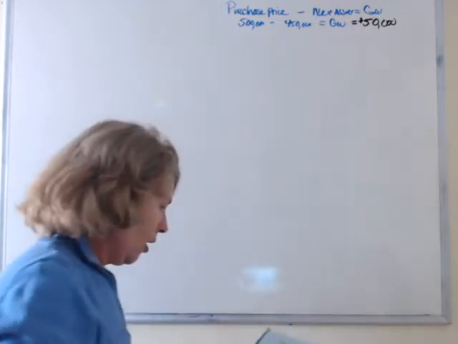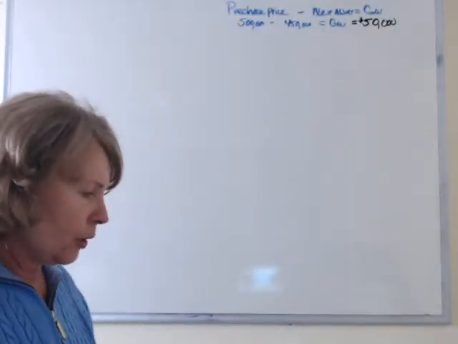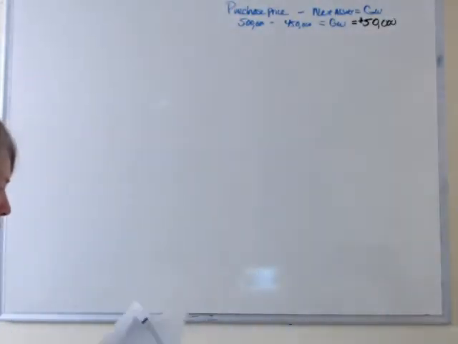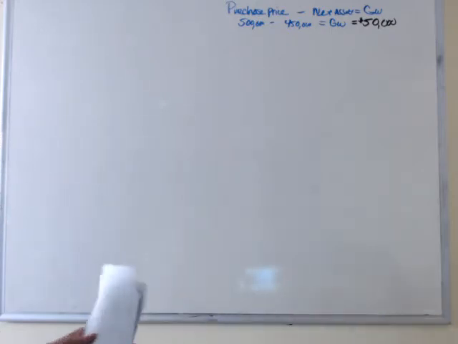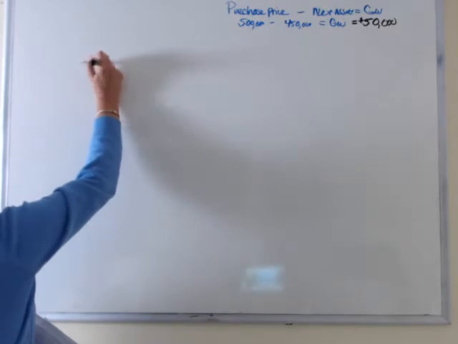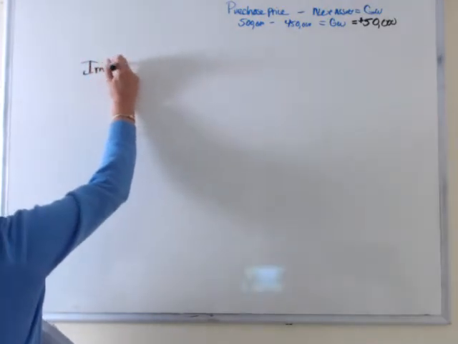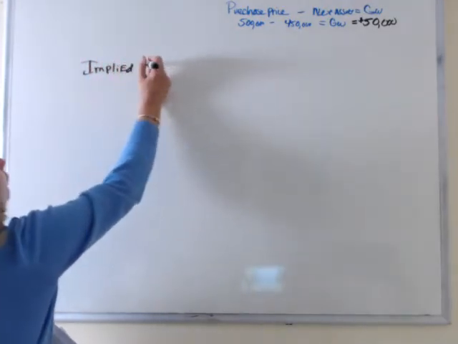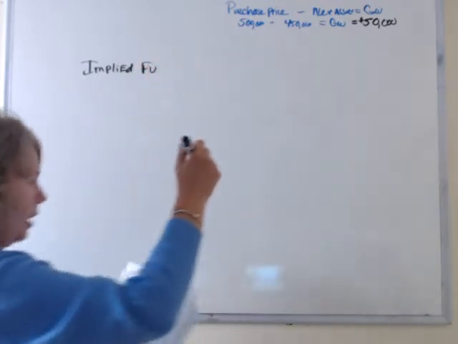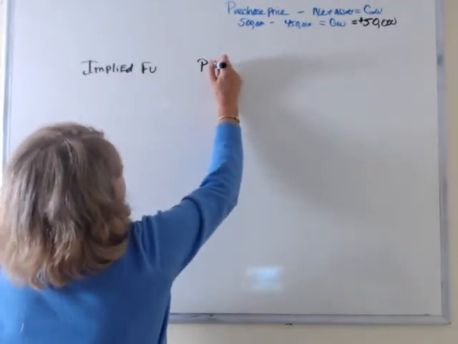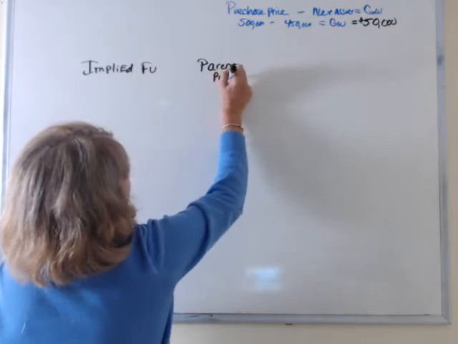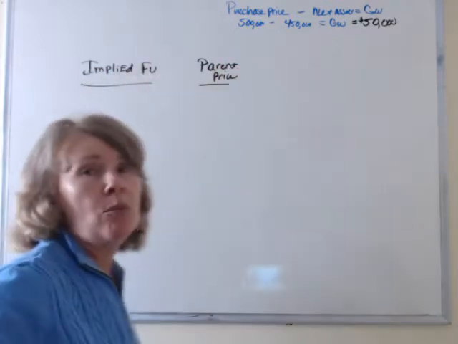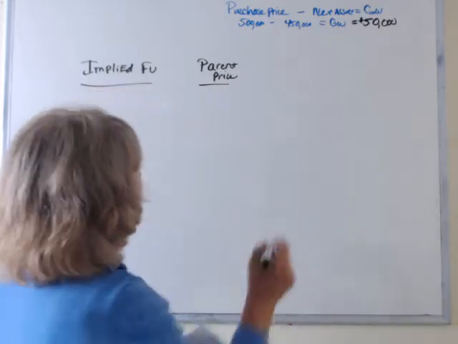Okay, so over to the board, I am going to show you this analysis. Get in the habit of doing this analysis. I have implied fair value, parent price. This is not in your textbook. Do this when you do these problems because they get more complicated when there is non-controlling interest.